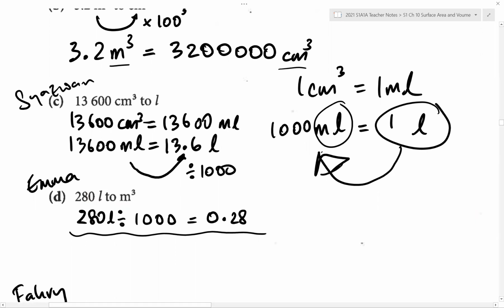How to convert? Is it times or divide? How do we go from 1 to 1000? Do we multiply or do we divide? Only got two options. Choose. Times or divide?